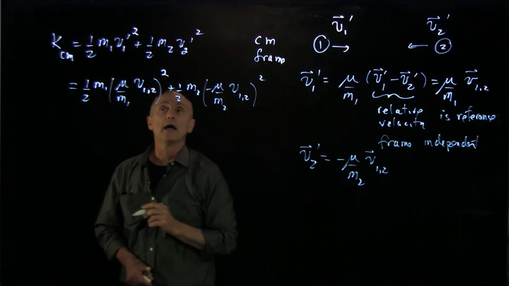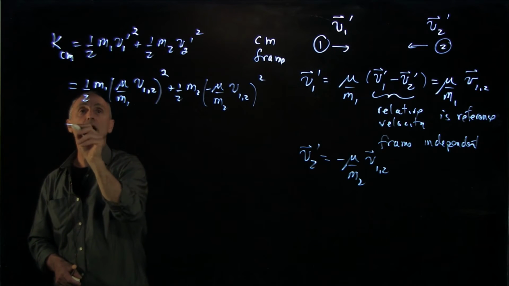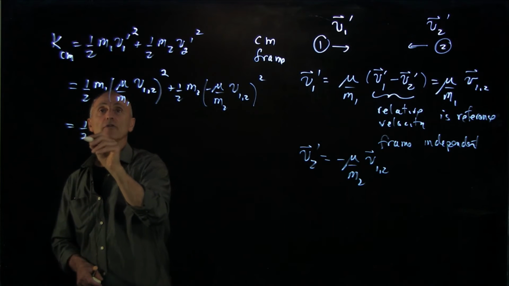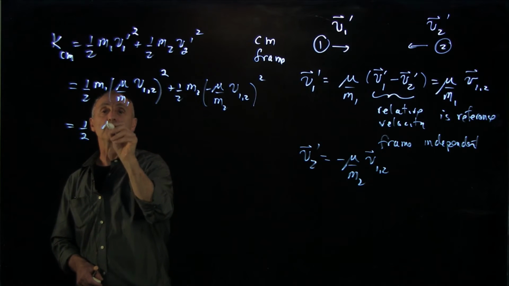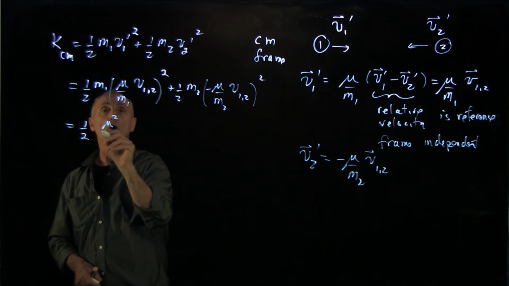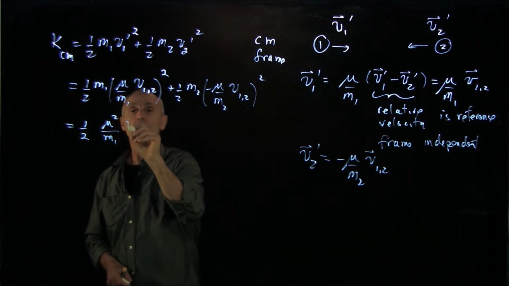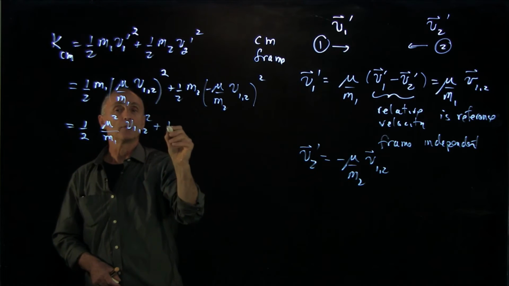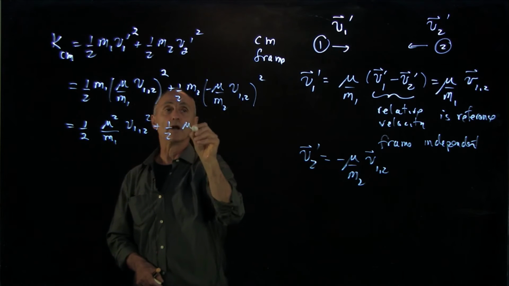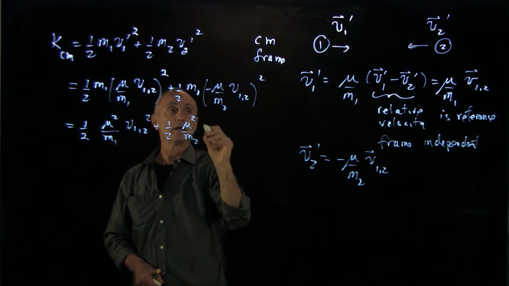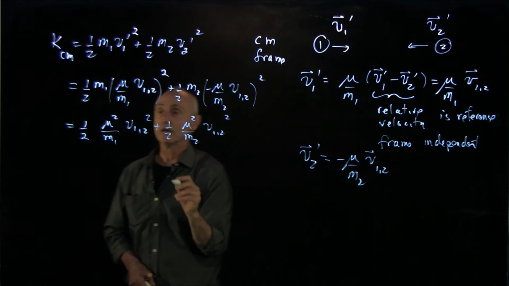It wouldn't matter. And now what we have is we have a half. One of the m1's cancels, so we have mu squared over m1 v12 squared plus 1/2 another mu squared over m2 times v12 squared.